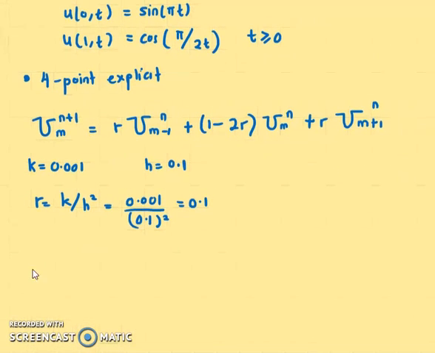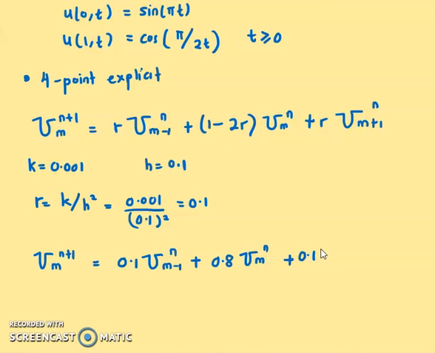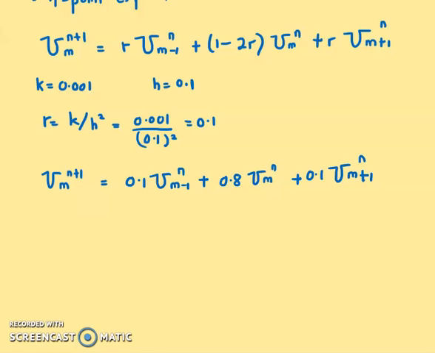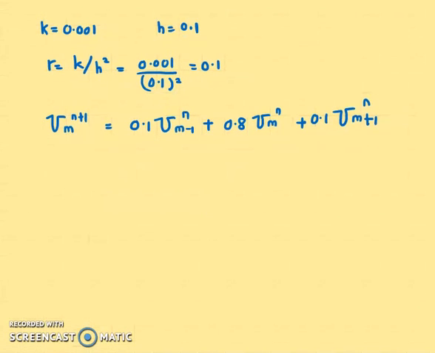Now putting into this equation, u(m, n+1) equals 0.1 u(m-1, n) plus (1 minus 2 times 0.1), which is 0.8, u(m, n) plus 0.1 u(m+1, n). Now what we want to do is sketch our grid points, involving x from 0 to 1.